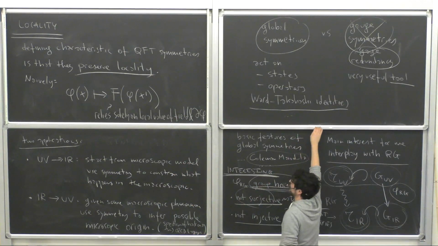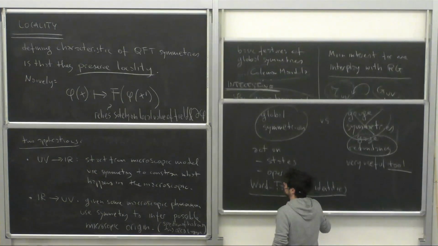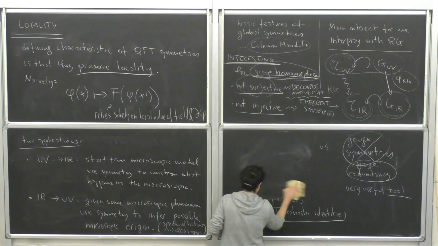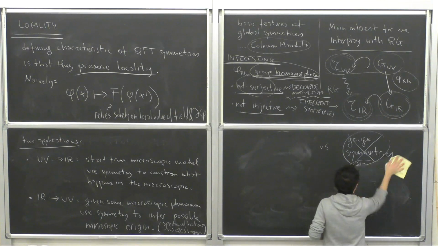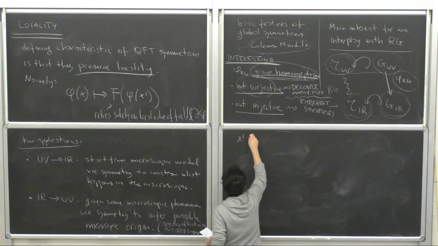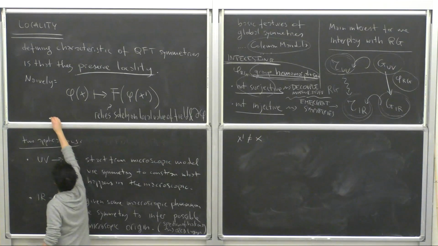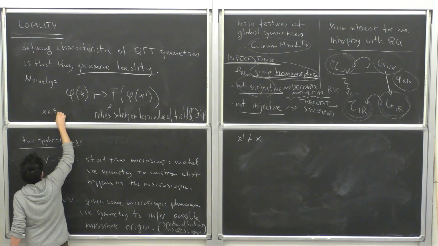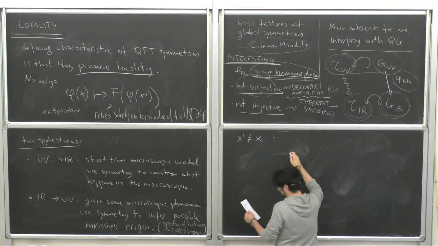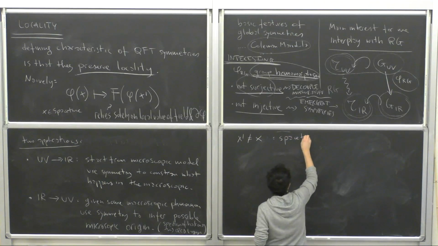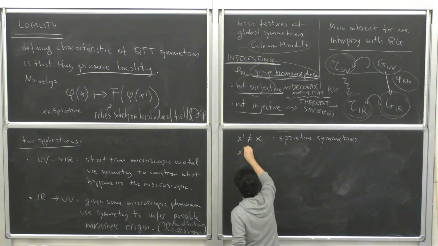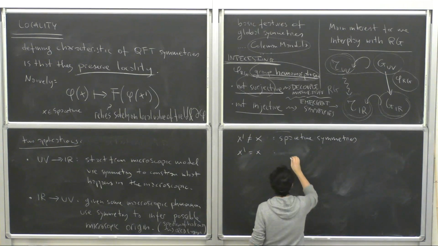This is a naive characterization of locality. So the transformation of the fields: when x prime is different from x, here x is a point in space-time, then you speak about space-time symmetries. And when x prime is equal to x, you speak of internal symmetries.